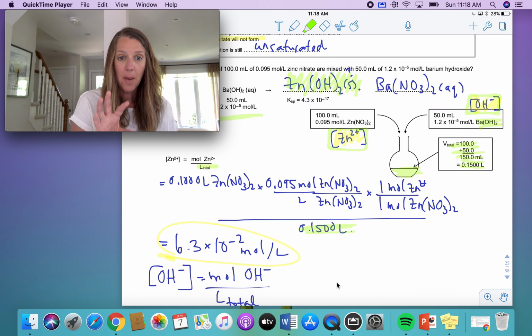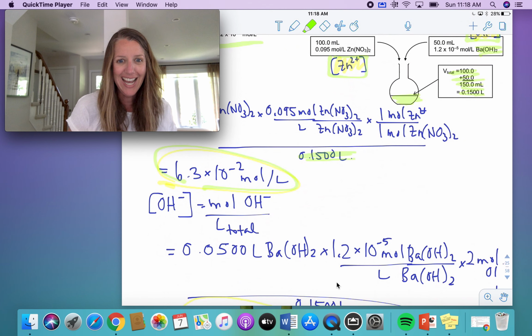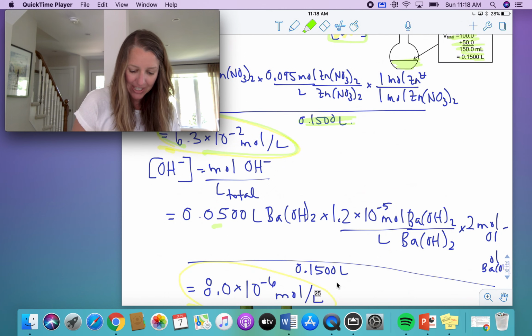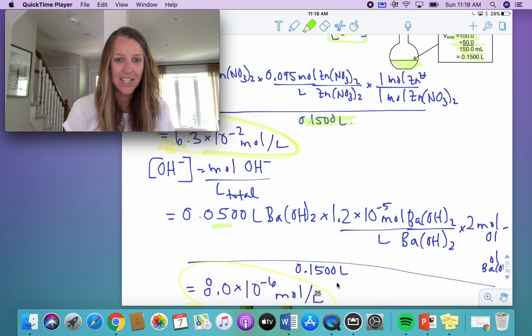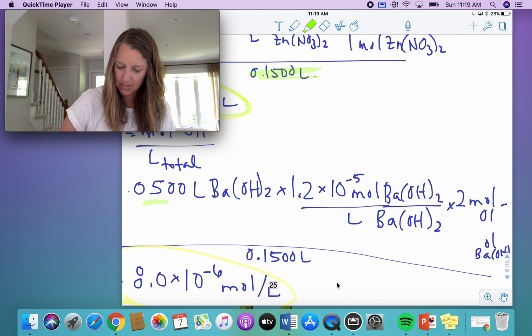Let's do the same thing for calculating the concentration of my hydroxide. So pause the video and see if you can do it before you look at the solution. Okay, this time I only had 0.05 liters of my barium hydroxide. The concentration of the barium hydroxide was 1.2 times 10 to the negative 5 moles per liter. Sorry, I must have run out of space here.